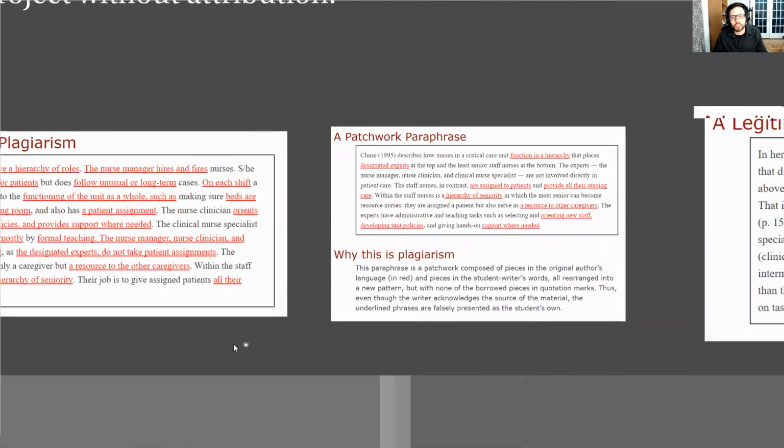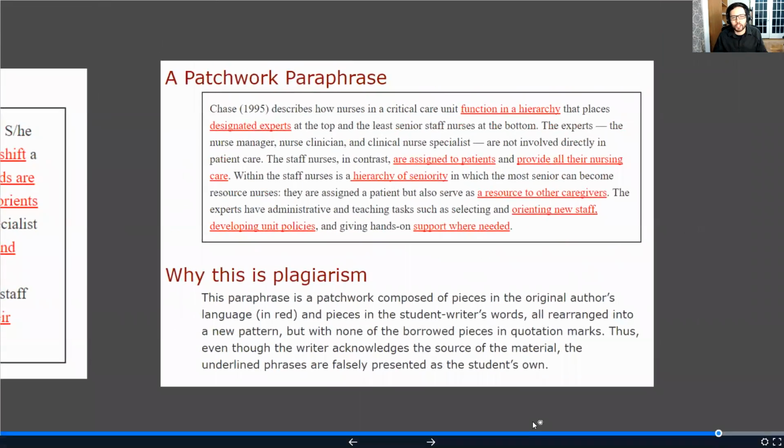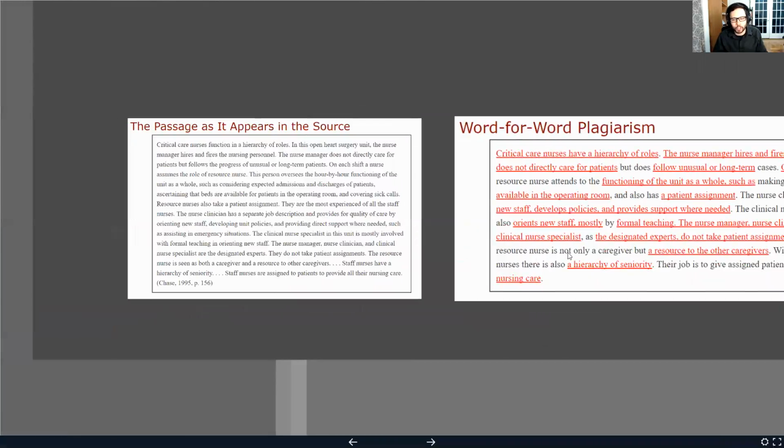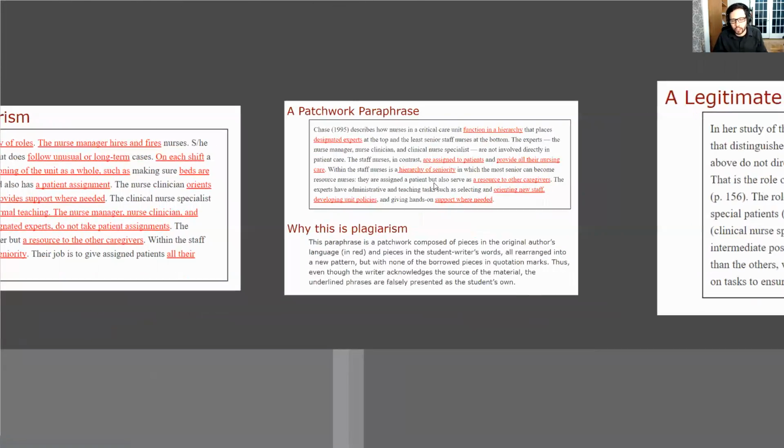But most of the time that I catch students, it's patchwork plagiarism, right? You can go over this in more detail yourself to see exactly how the passages are connected. This is only really getting these sort of phrases, but the phrases are structuring the whole paragraph in exactly the same way that this paragraph is structured. So this is not legitimate paraphrase either.